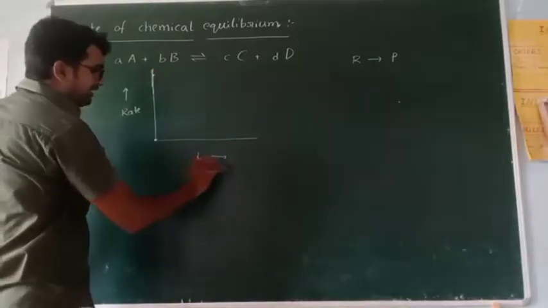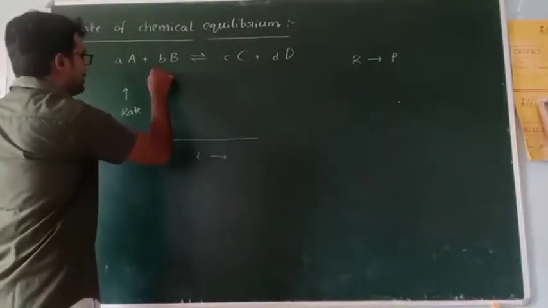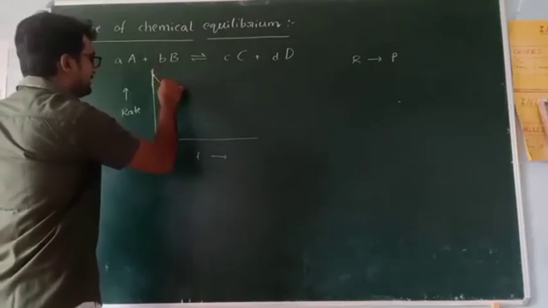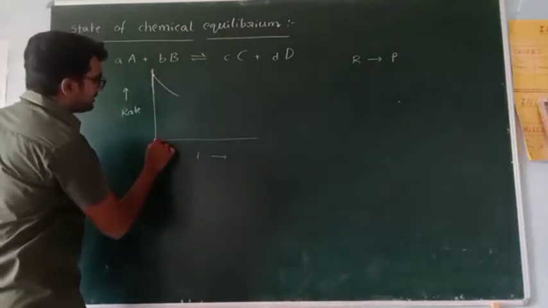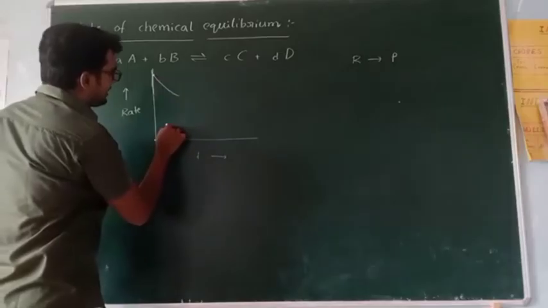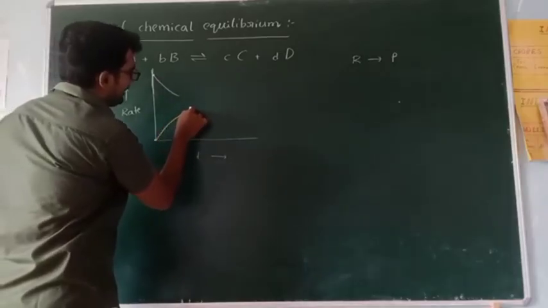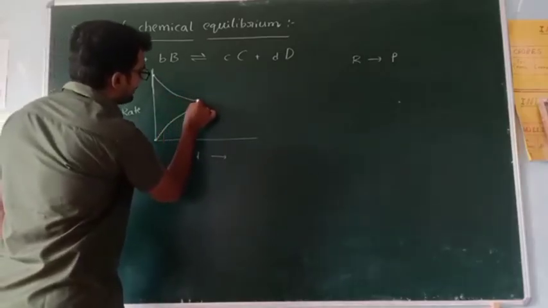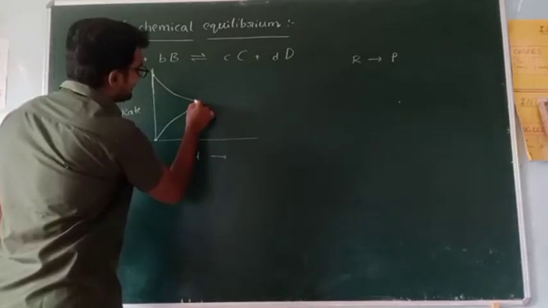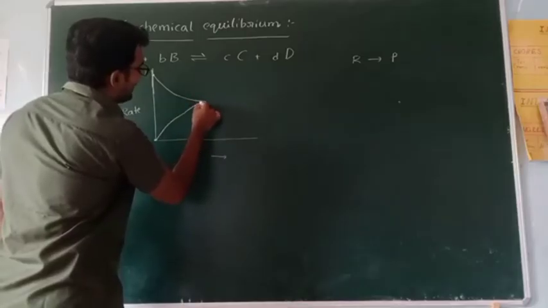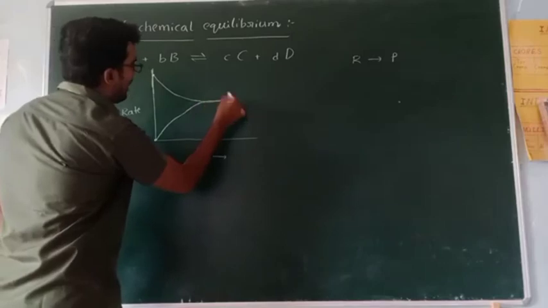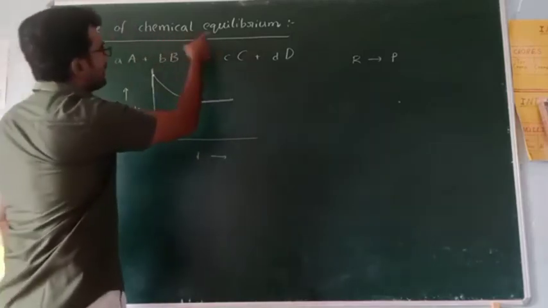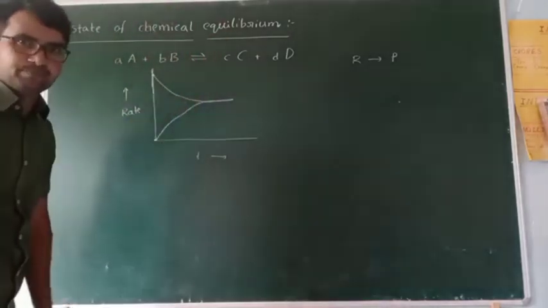As the time increases, the concentration of the reactants decreases and at the same time the concentration of products increases. These two exist in equilibrium at a particular state. This state is called the state of chemical equilibrium.